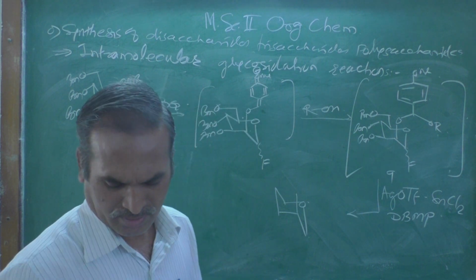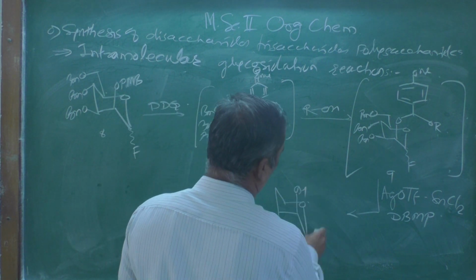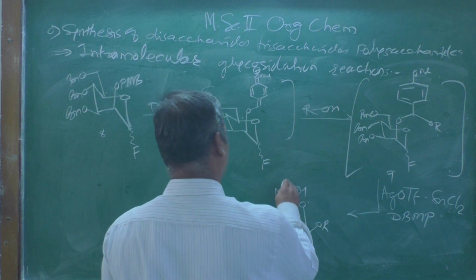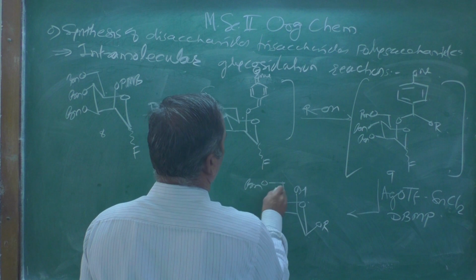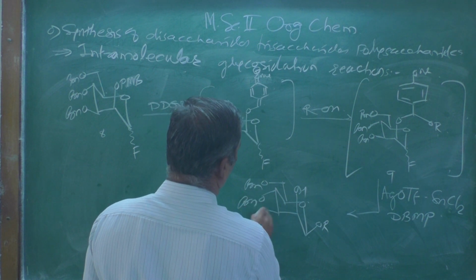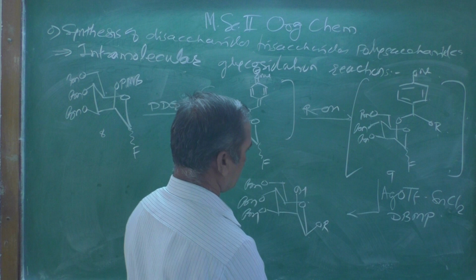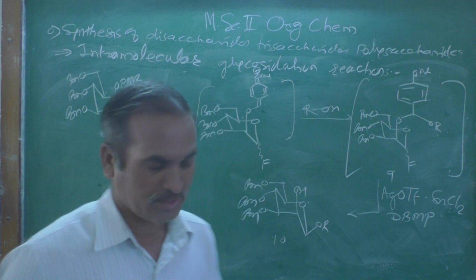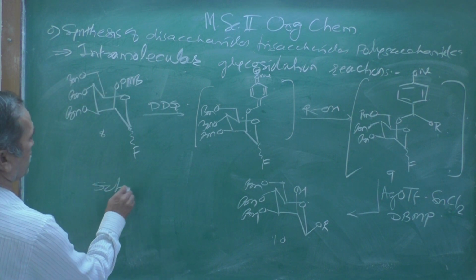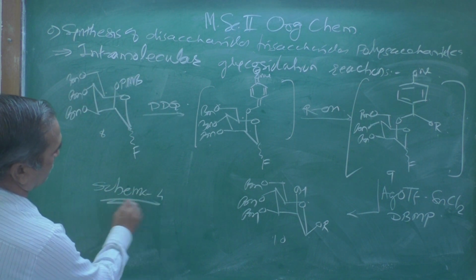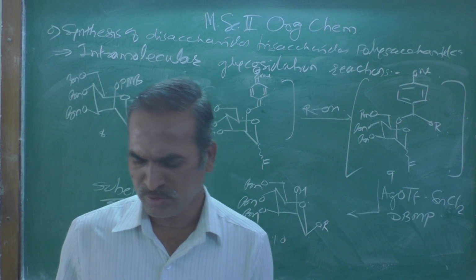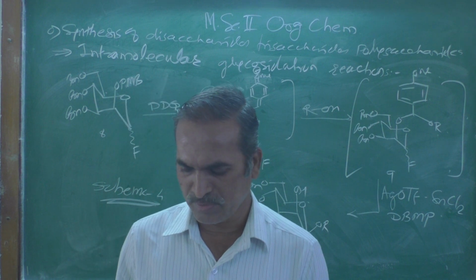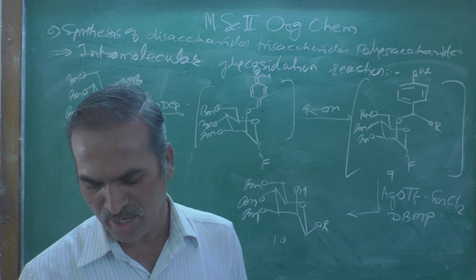Here is an OR, that is a glycoside. We generally get OBn, other OBn, here also OBn. So this is structure number 10, nothing but a glycoside, and this is scheme number 4, which is represented over here. So that is PMB-tethered glycosylation in the synthesis of beta-mannopyranosides.